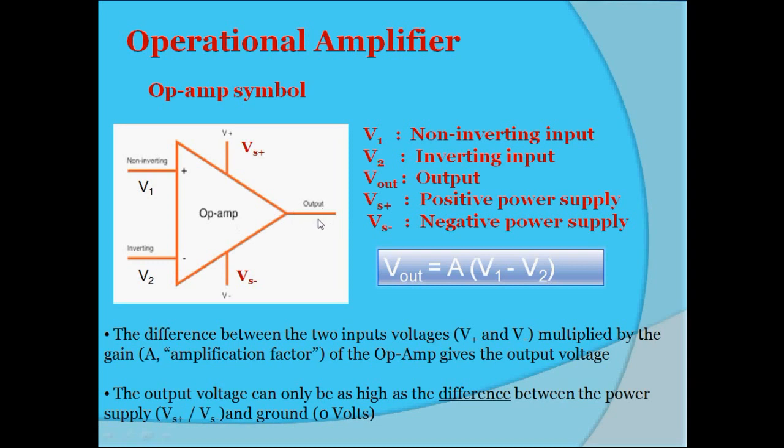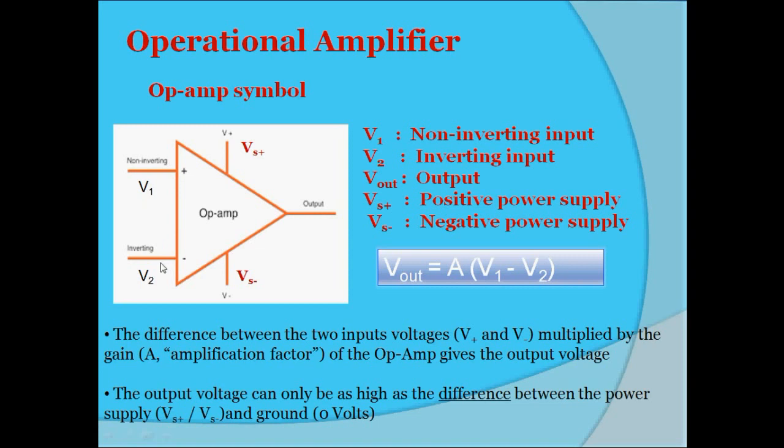This is the output terminal. Here the output voltage equation, the voltage available at this pin, we can define as A into V1 minus V2, where V1 is the input to the non-inverting input terminal and V2 is the input to the inverting input terminal.